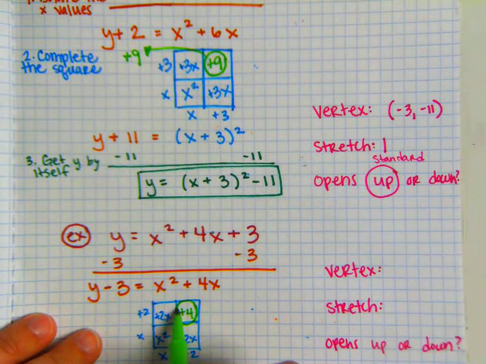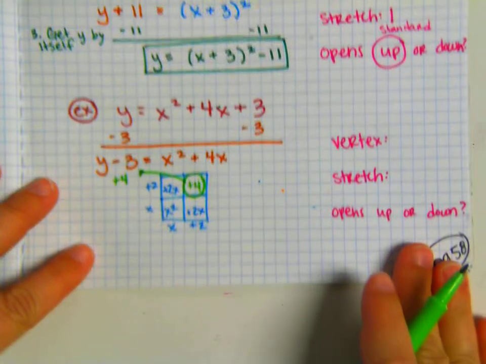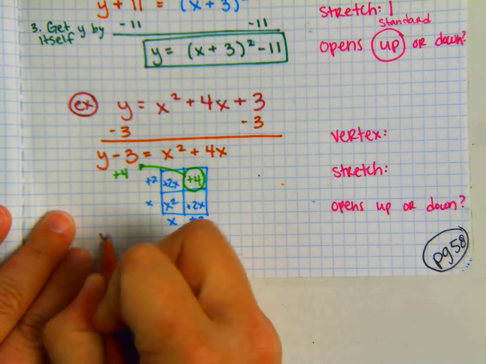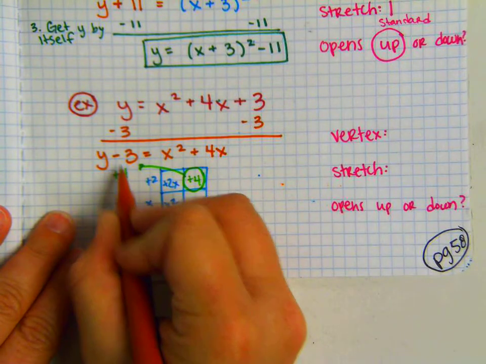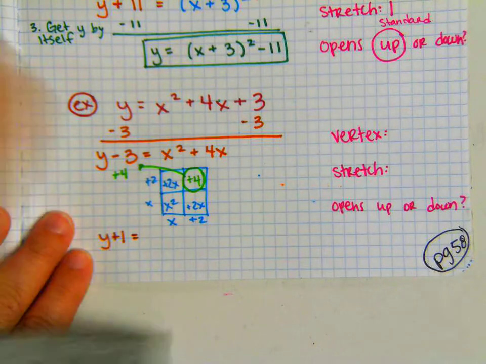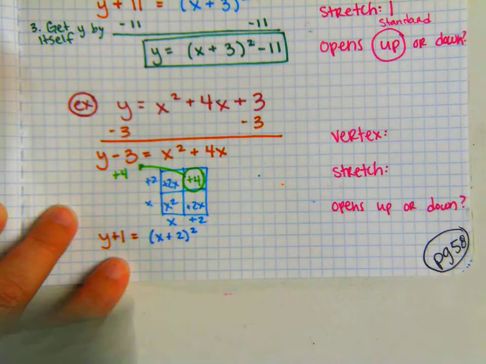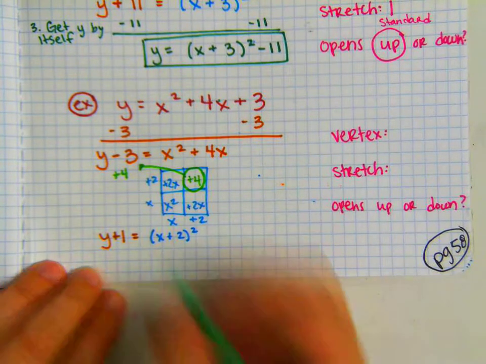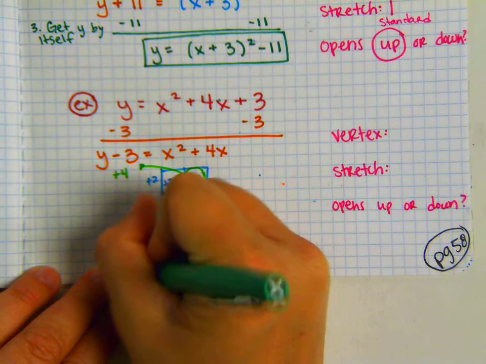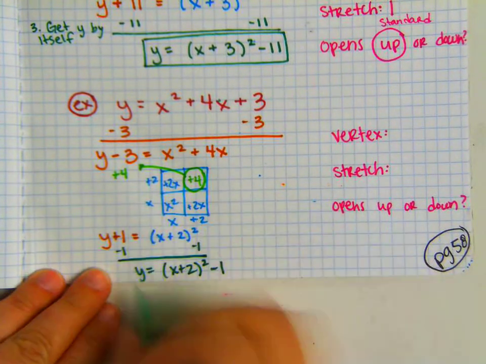That needs to be added over here, plus 4. So then we're going to get y negative 3 plus 4 is a positive 1 equals x plus 2 squared. Then the last step is to get y by itself. So I'm going to subtract 1. And I get y equals x plus 2 squared minus 1.